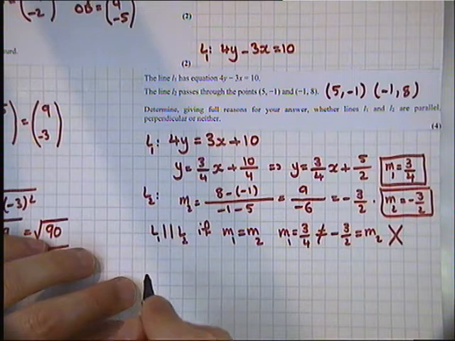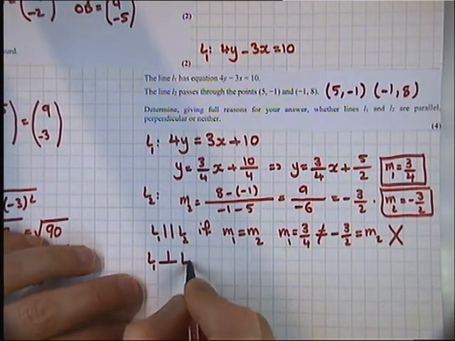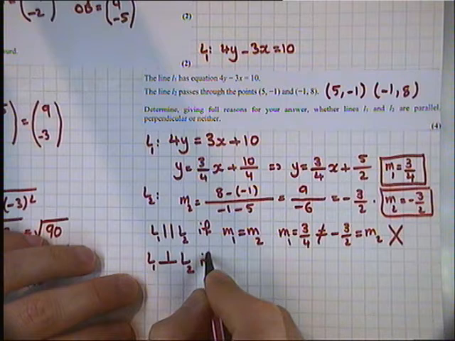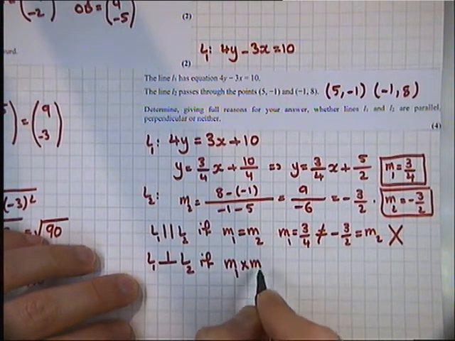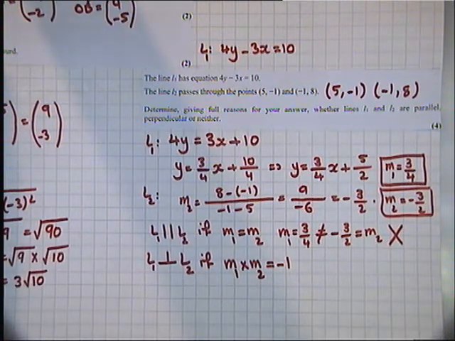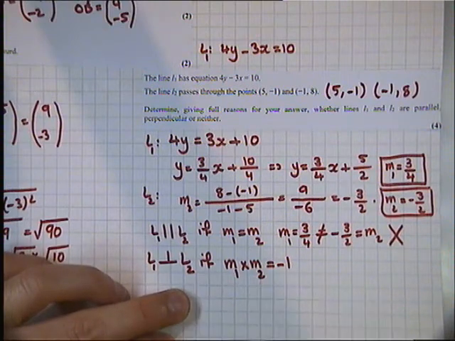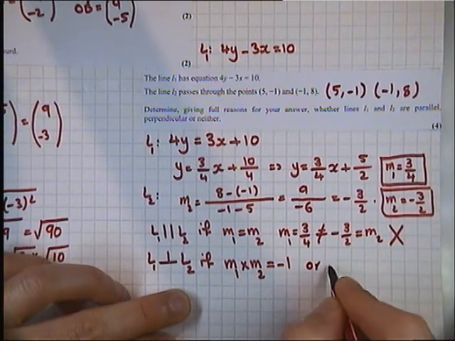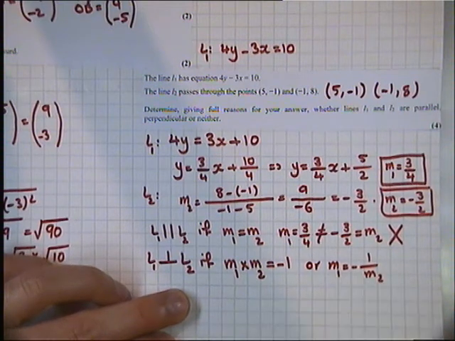Okay. Next one, L1 is perpendicular to L2 if M1 times M2 is equal to minus 1, or M1 is the negative reciprocal of M2, which is the same thing actually, or M1 is equal to minus 1 over M2.